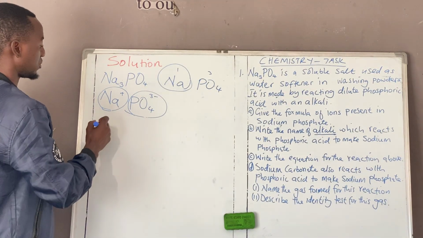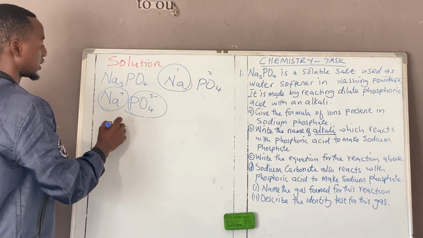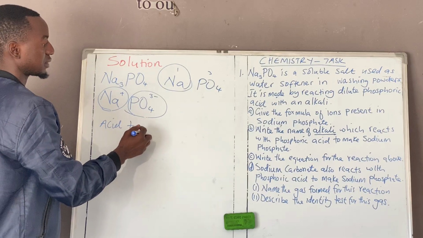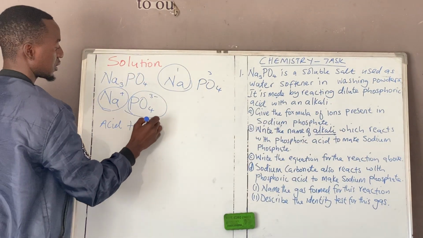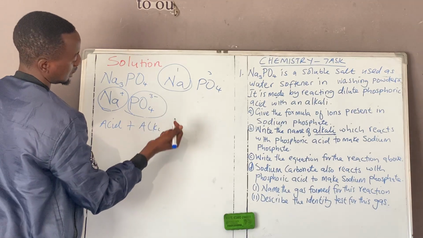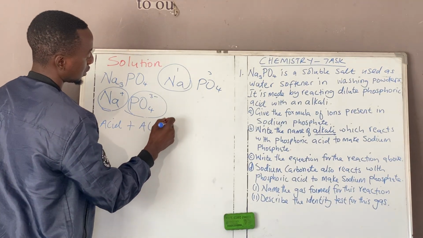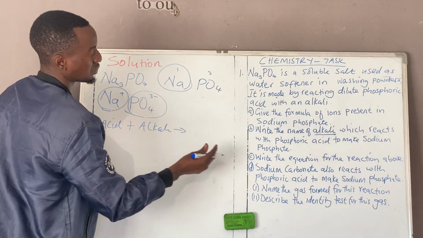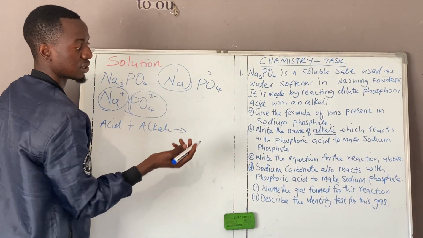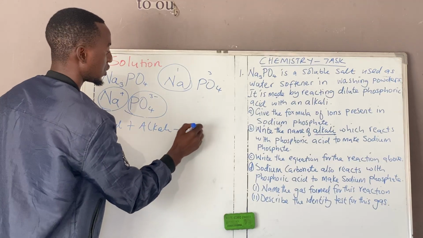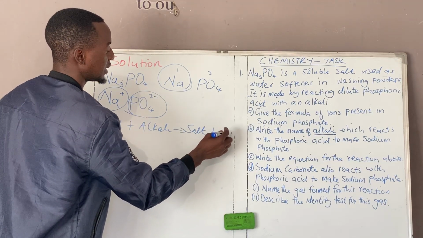In this case it will be an acid plus an alkaline, which is the base, supposed to give you what? What are you making? Sodium phosphate, which is a salt.